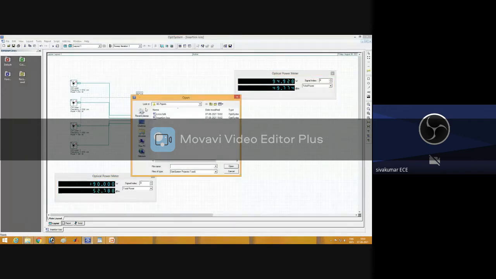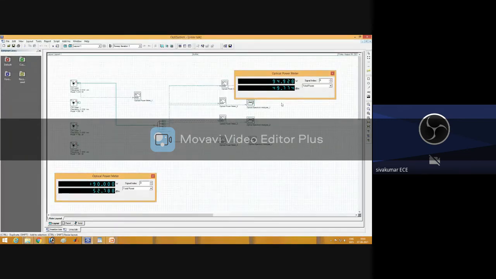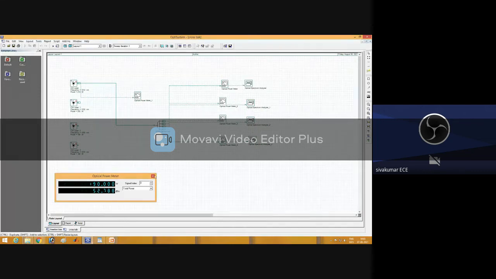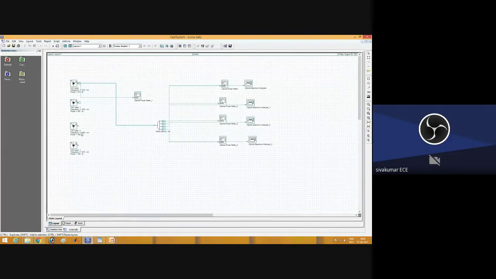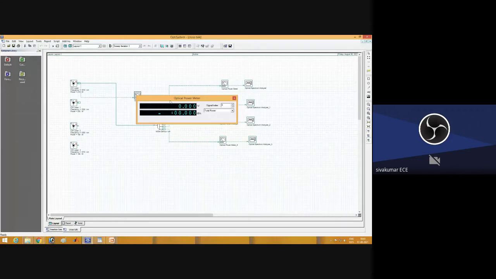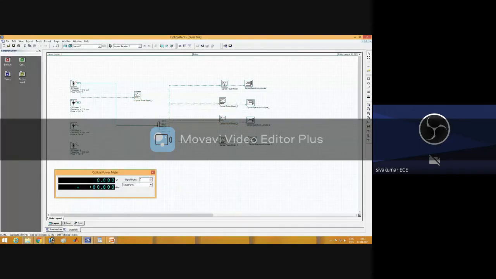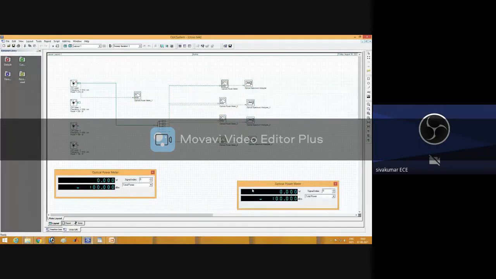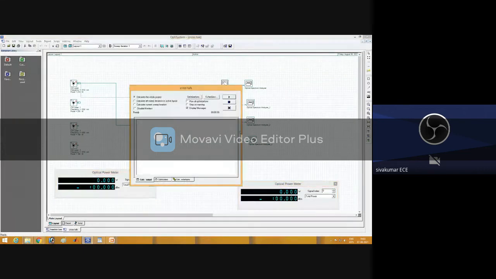The next one is crosstalk. In this crosstalk, you need four inputs. What are the frequency and powers? For example, 1510 nanometer, where my input is this one. Okay, for now I am running this one.